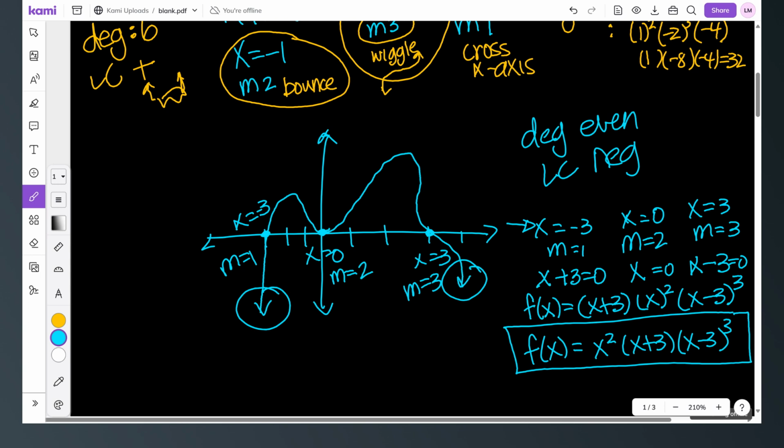But the last thing I want you to think about and have this ready when we talk is on this graph, where is my function positive and where is my function negative? So what are my intervals where my function is positive and negative?